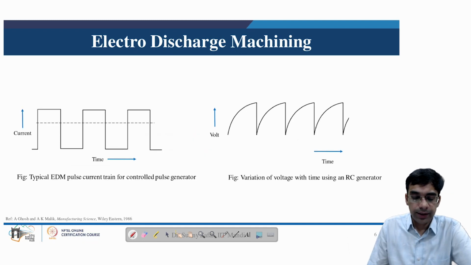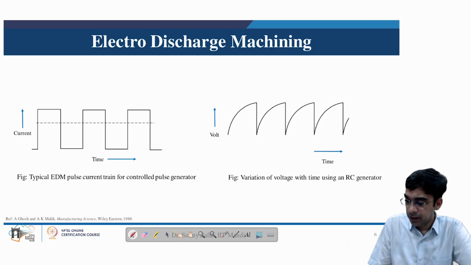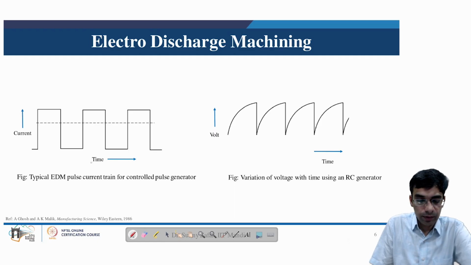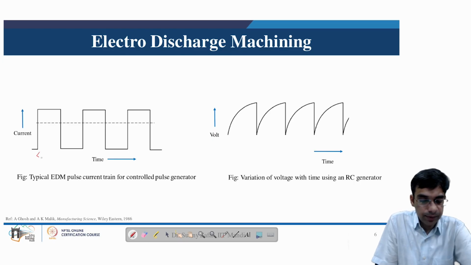Let us understand the electric discharge machining process using this pulse current train, which is generated using a controlled pulse generator. There are various aspects to this pulse current train. Here we have a square type of waveform for current, where we have different parts. For example, this is the region in which the current is supplied, and it is known as the on time.